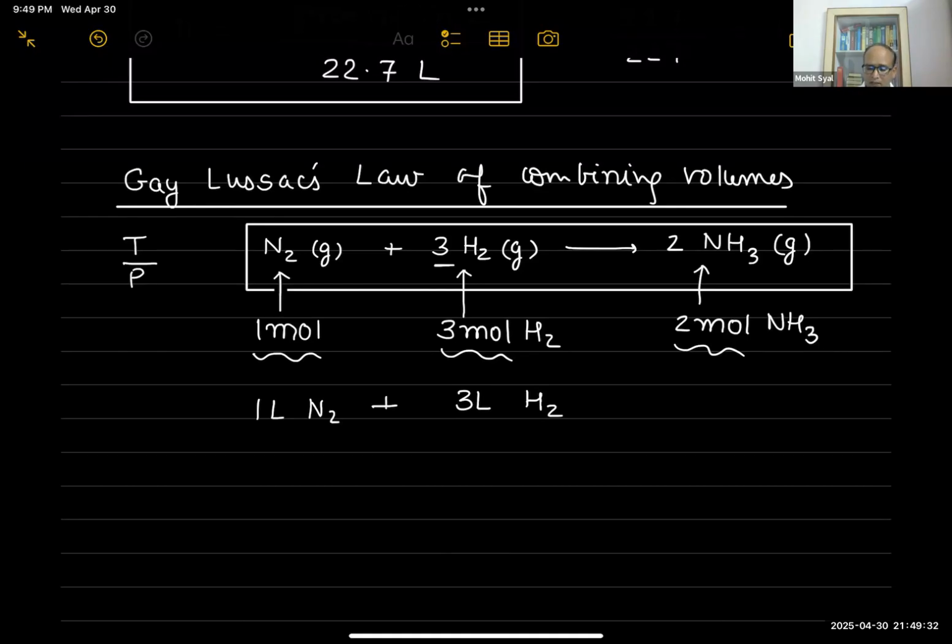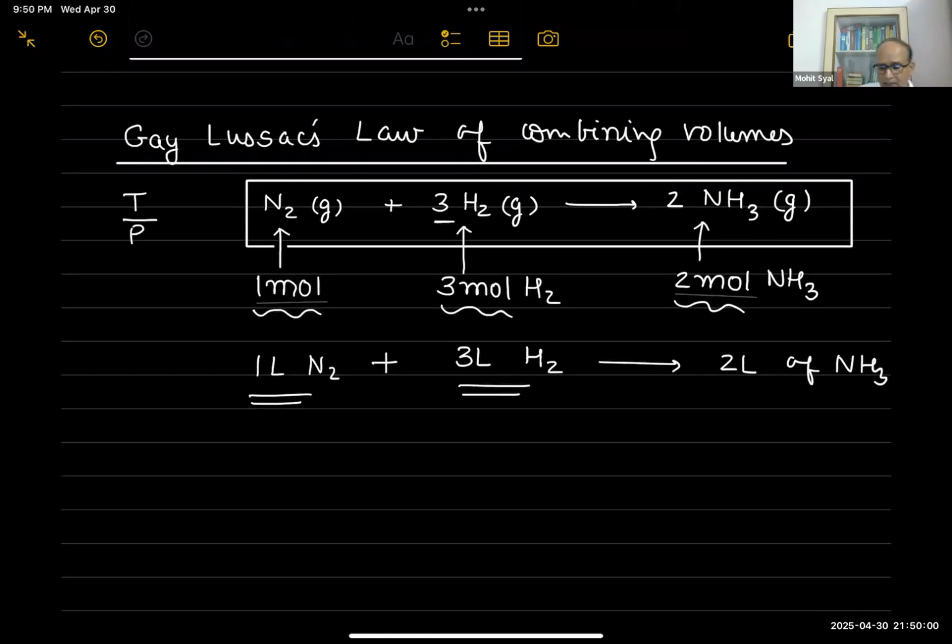So when 1 liter of nitrogen combines with 3 liters of hydrogen, you get 2 liters of ammonia. This is called Gay-Lussac's law of combining volume. So when the gases react, the volumes are in the ratio of their moles, represented by their balanced chemical equations. Got it?